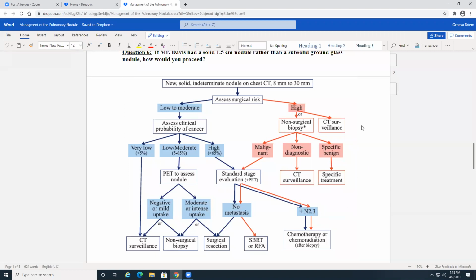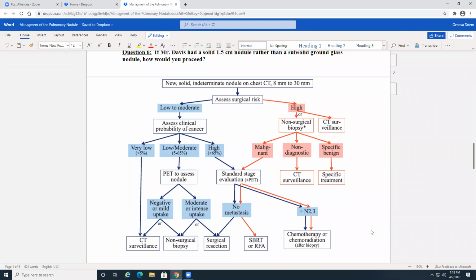Whereas if they were high risk for surgery, again, you would still go down the biopsy pathway, but rather than resection, you would probably go down the SBRT pathway. And then obviously, if they wound up having metastatic disease, everything on the surgical pathway is not appropriate, and you would get chemotherapy, chemoradiation.